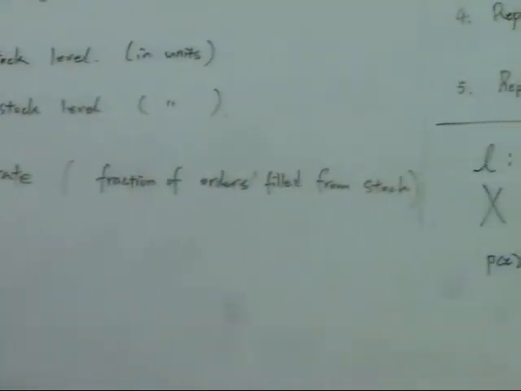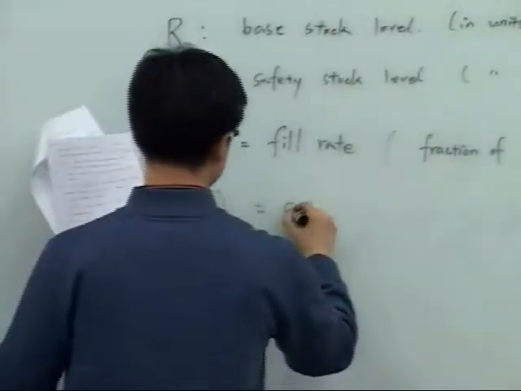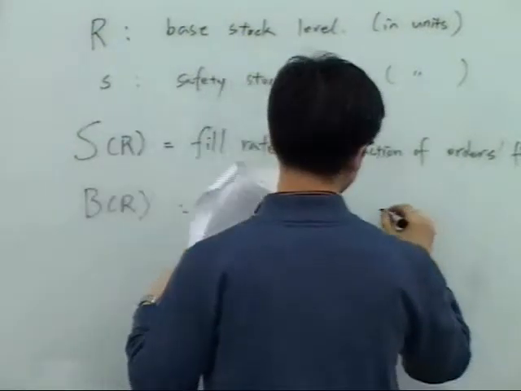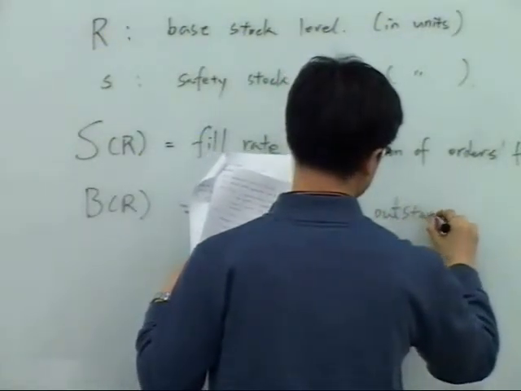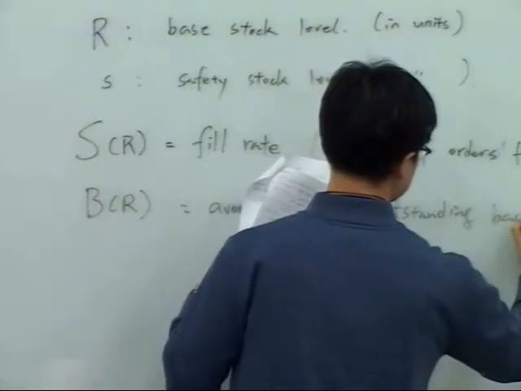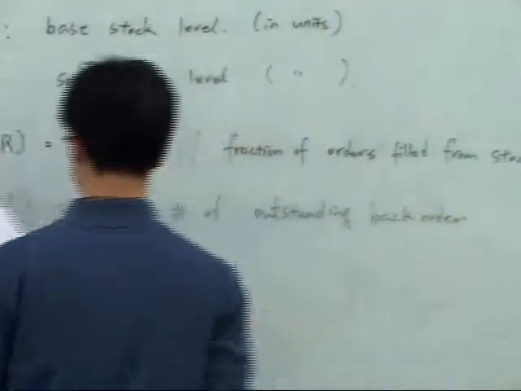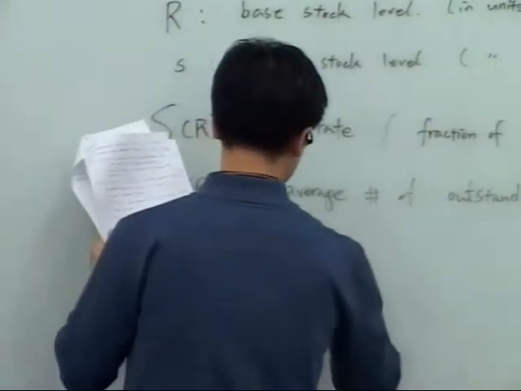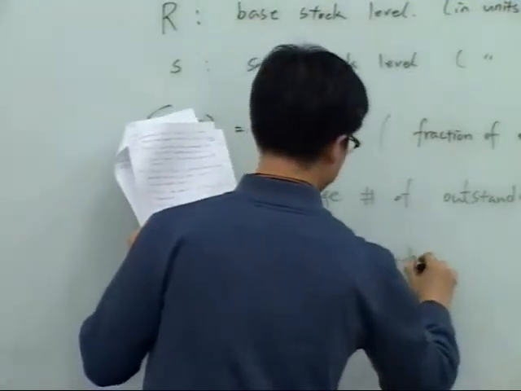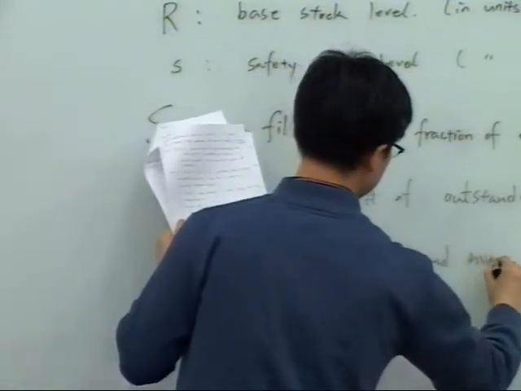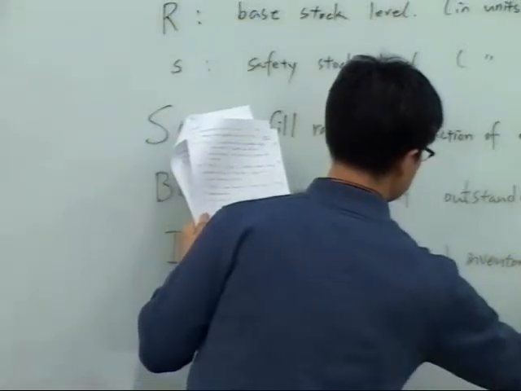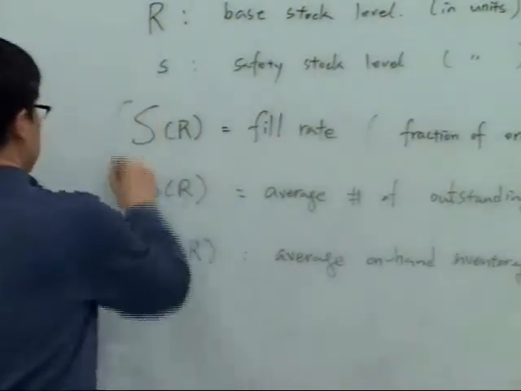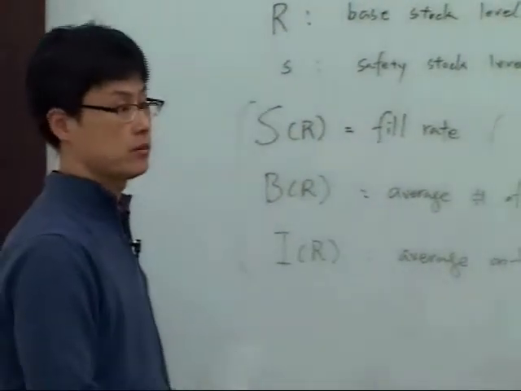And large BR is the average number of outstanding backorders. And large IR is the average on-hand inventory level. All these three are functions of the base stock level.